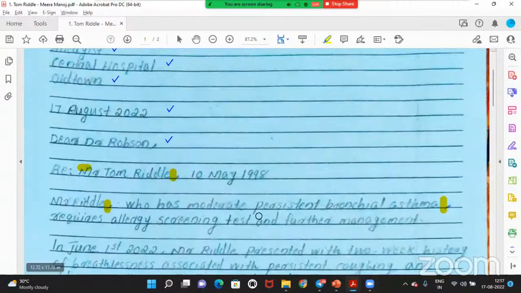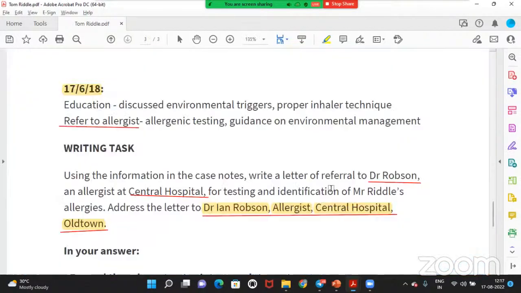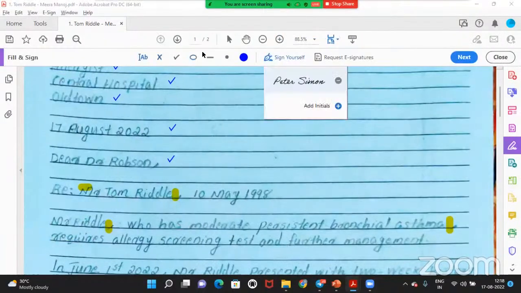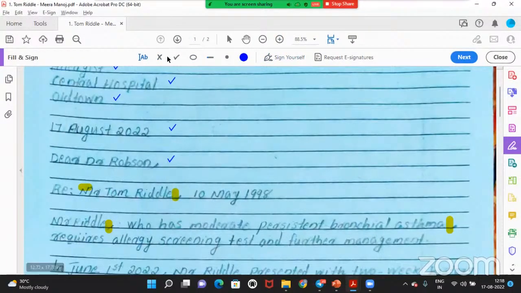Fine. What type of letter is this? Refer to allergist. This is a referral letter. So you can remove this one, Requires.